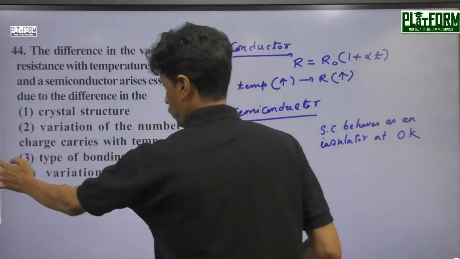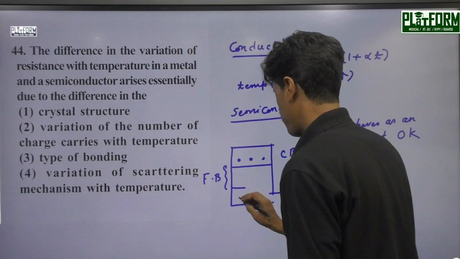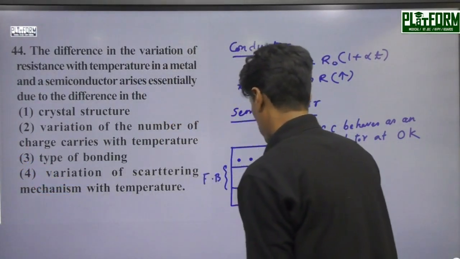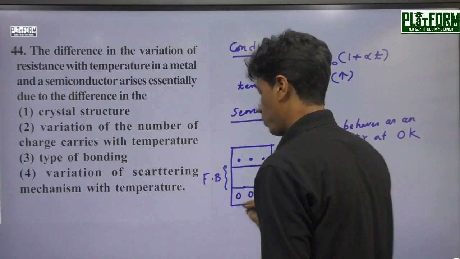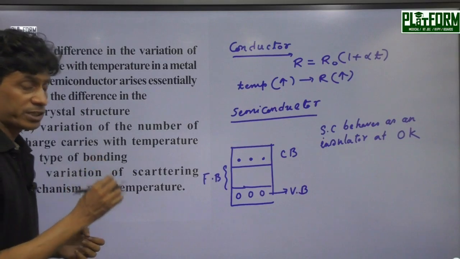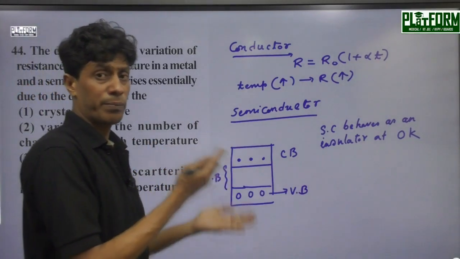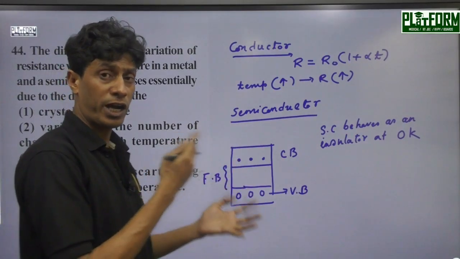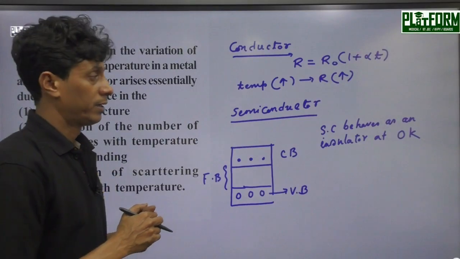In the valence band, an immovable charge carrier is left, that is the hole. With the rise of temperature, the number density of conduction electrons goes on increasing.